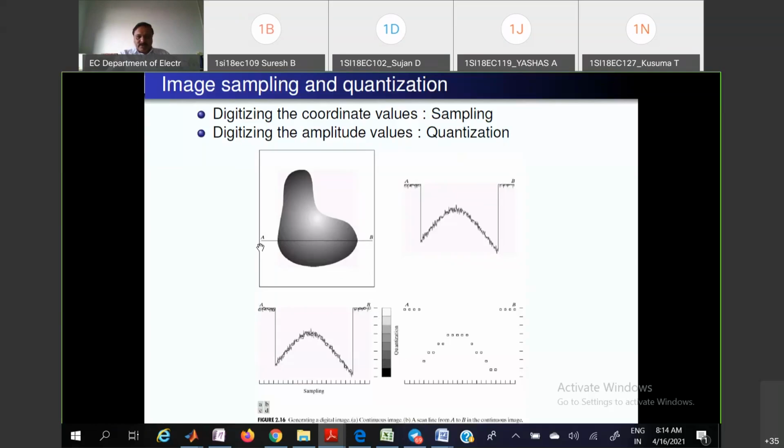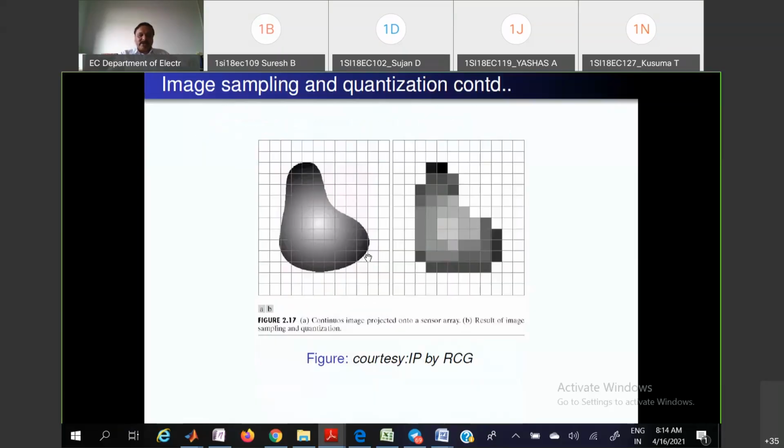If I repeat this on another scan line, I'll get another set of data. The complete values of one scan line will lie in one row of a matrix. If you store all these values in the form of a matrix, you will get a discretized image. This image is an exaggeration of what happens when I sample it.